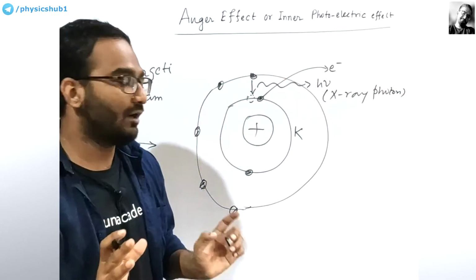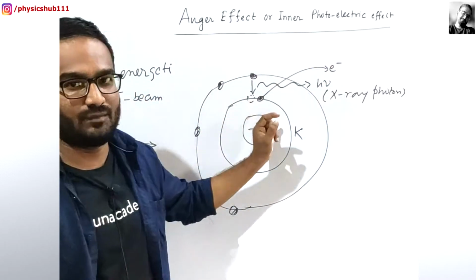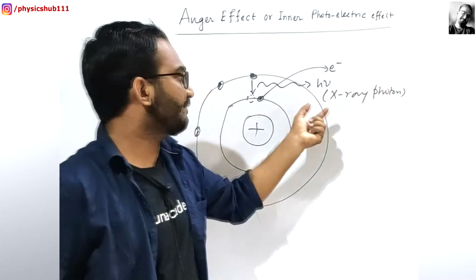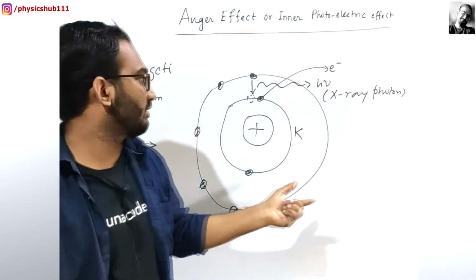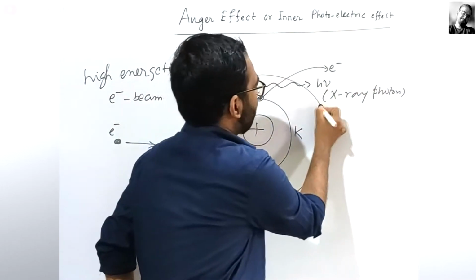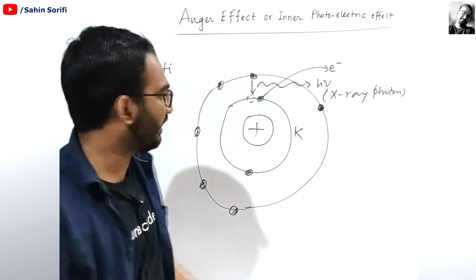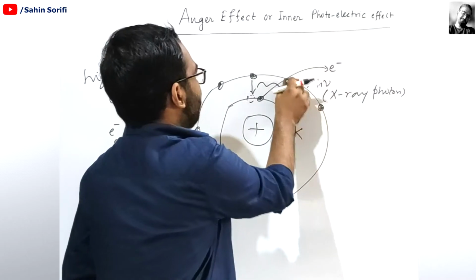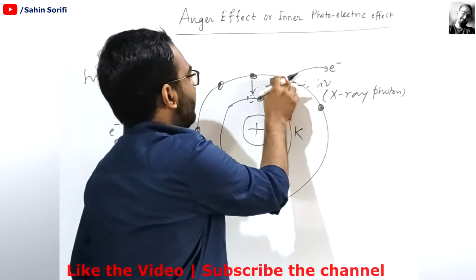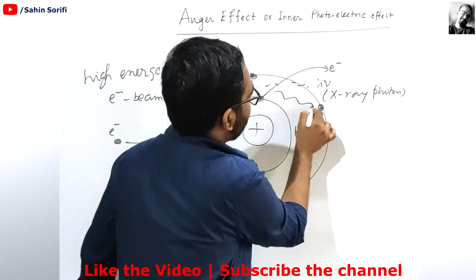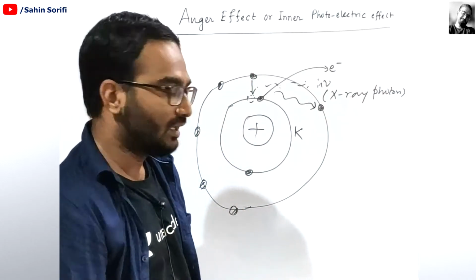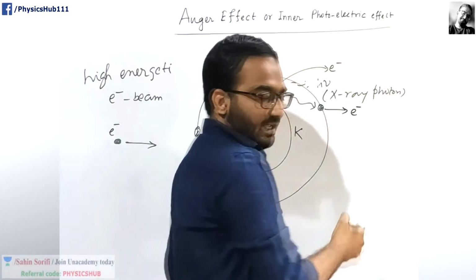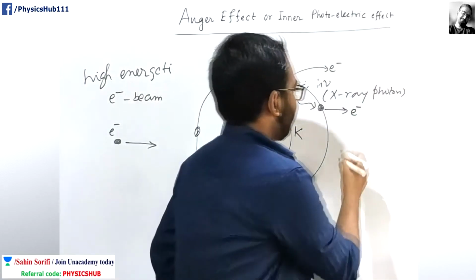Now what happens if somehow, instead of being emitted as an X-ray photon, the photon is absorbed by another electron in the L shell? This X-ray photon, instead of emitting out from the atom, will be absorbed by this electron, and instead of an X-ray photon we will get a high energetic electron coming out.